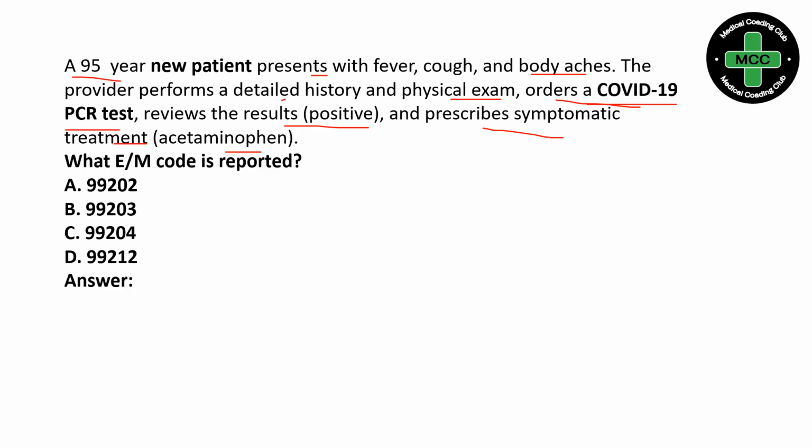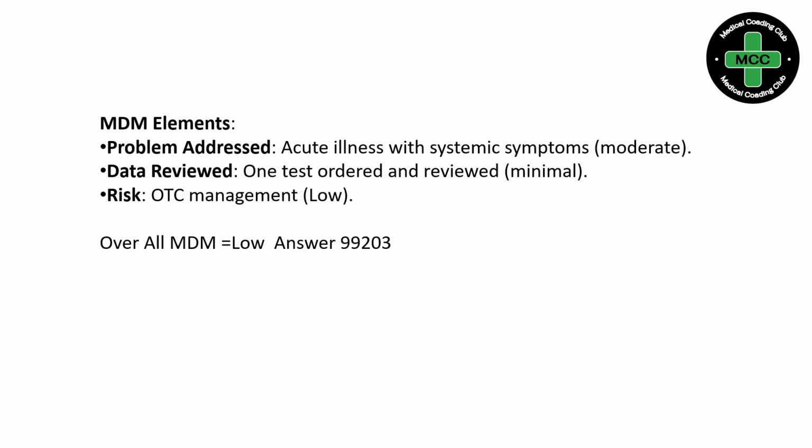And if you see the patient's age, which is 95, for an elderly patient like him COVID-19 will be a big problem. Considering all that, we have to judge exactly what kind of problem it is. So see the rationale here.